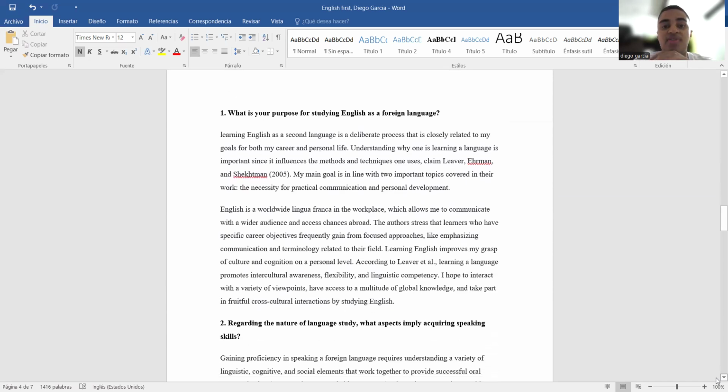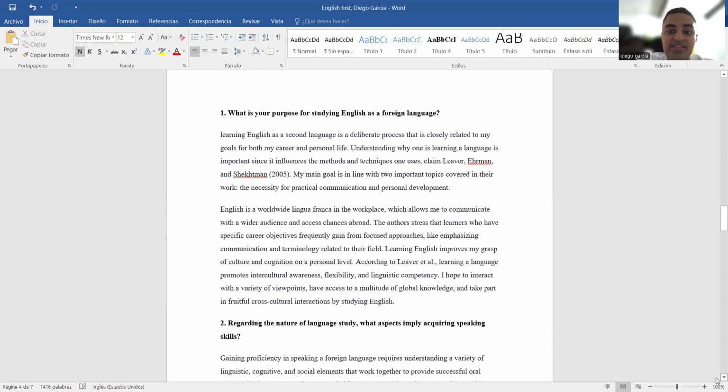And now let's start with the second part of this final homework. First question, what is the purpose for studying English as a foreign language? Learning English as a second language is a deliberate process that is closely related to my goals for both my career and personal life.